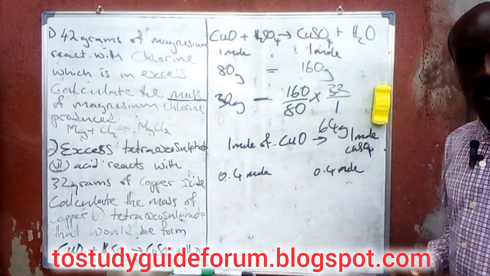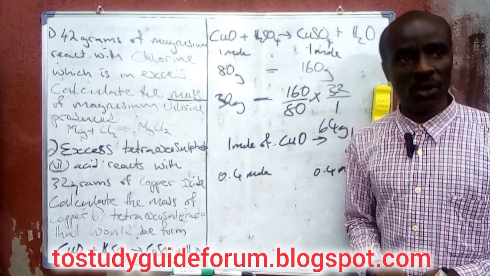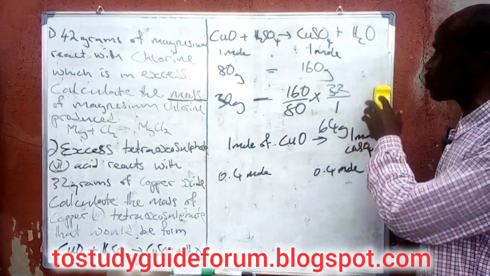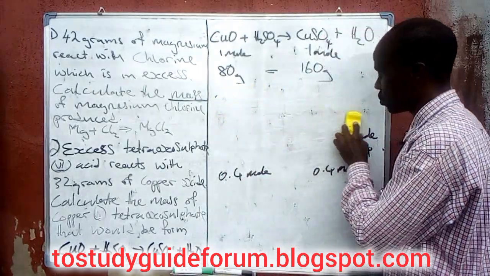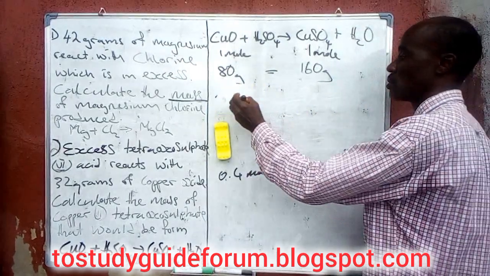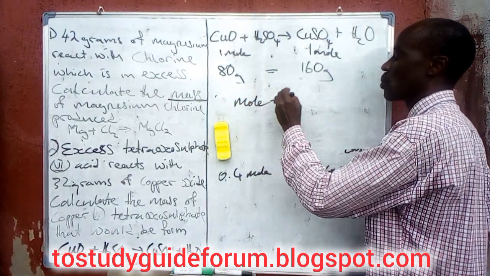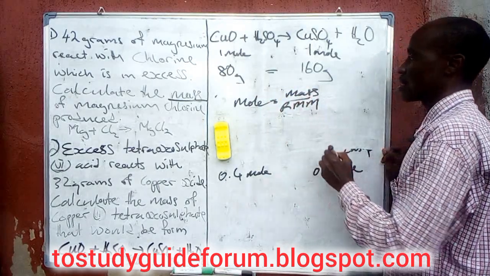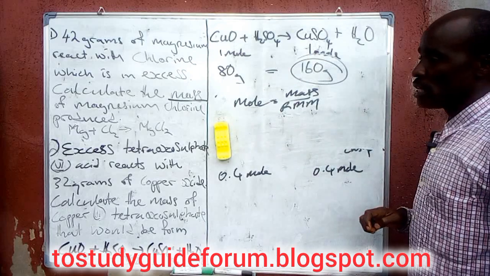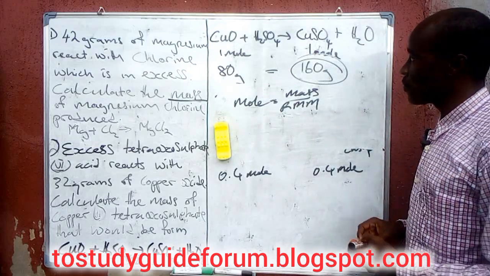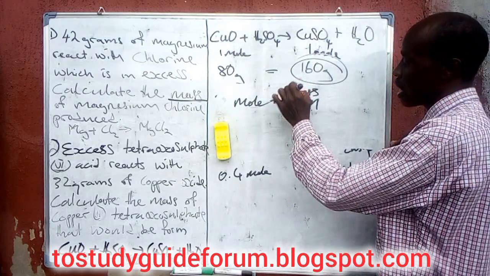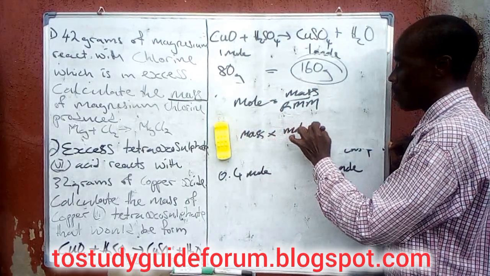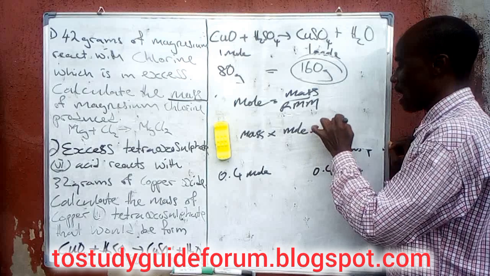Now, because we are required to get it in mass, in order to calculate it in mass, what we need here is to calculate from what we have done so far. We know that moles is equal to mass over relative molecular mass. This is equivalent to the relative molecular mass of copper sulfate. So to get the mass, we have mole times relative molecular mass.